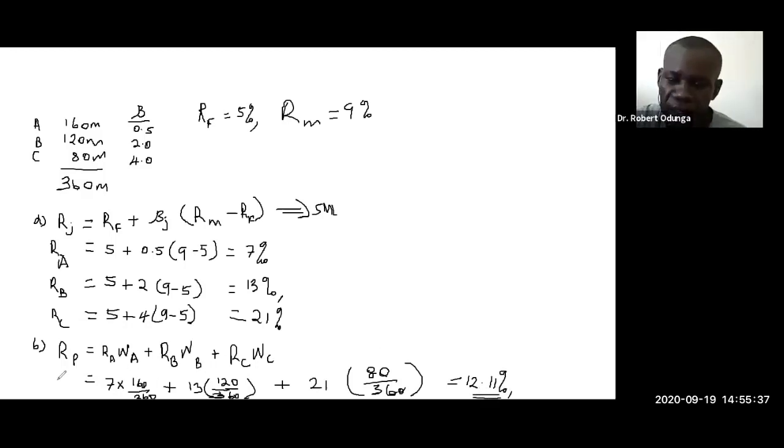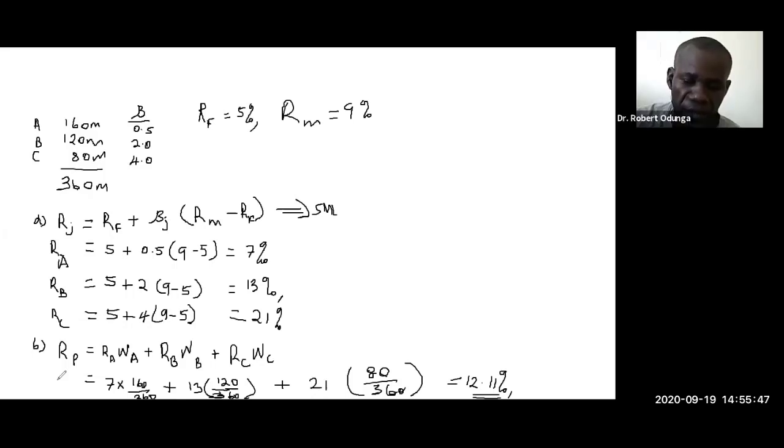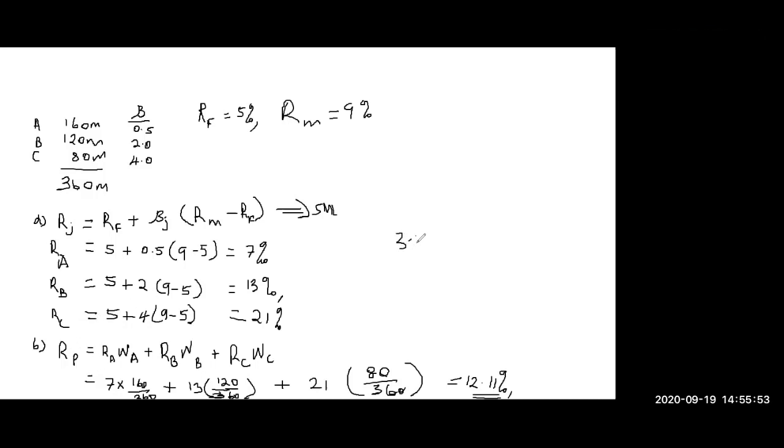When you work out this, what do you get? The first one: 3.11. Okay. 3.11.